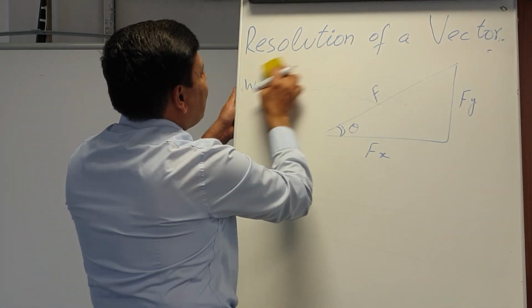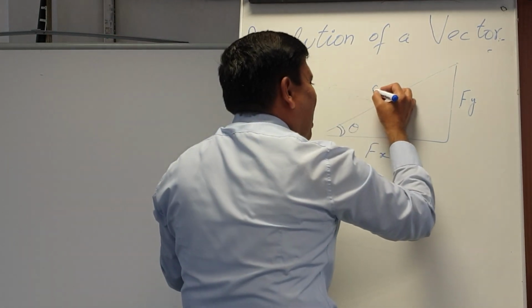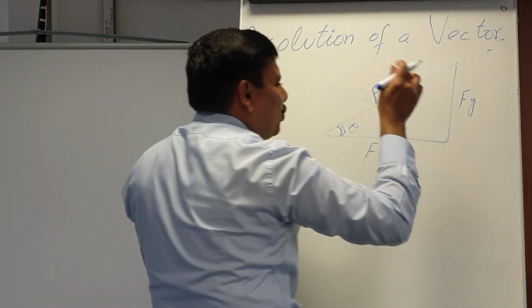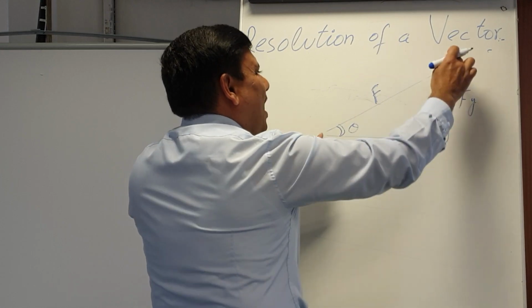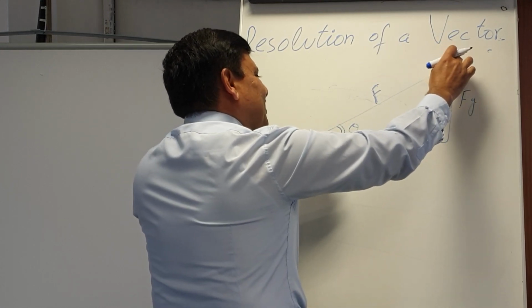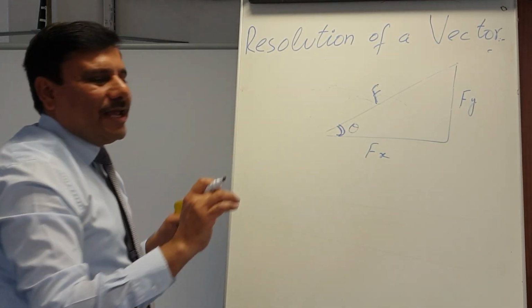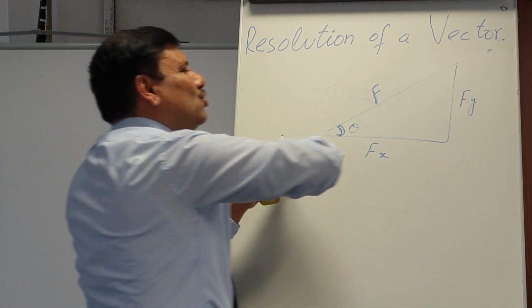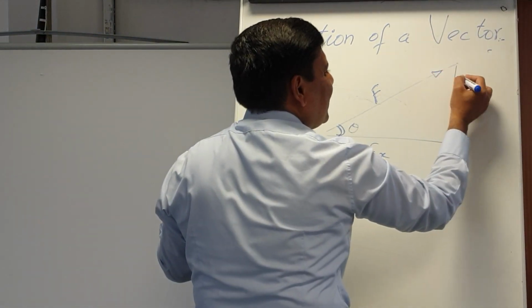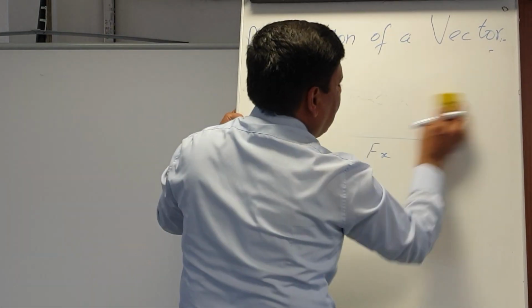So it means I have a right angle triangle. If I would be able to find the magnitude of this vector, and this theta, then actually I have found the value of this vector if I consider it as a vector. Now how can I do that?